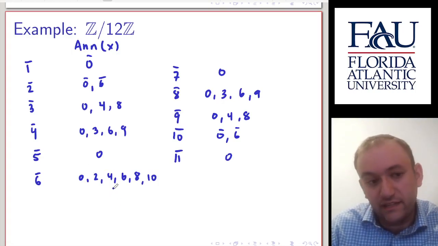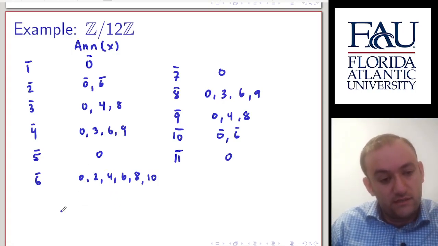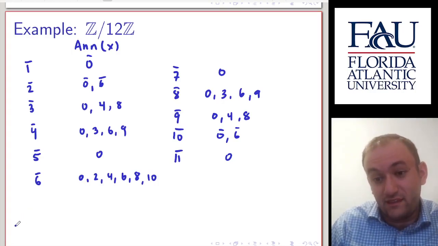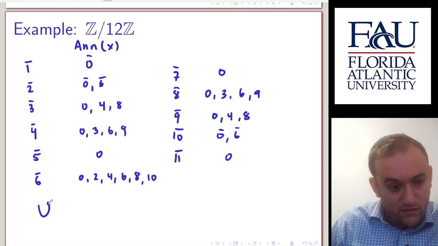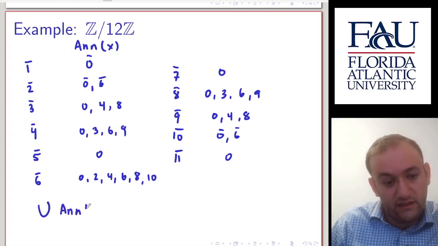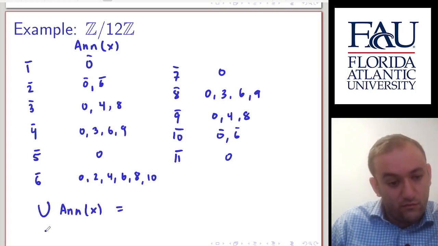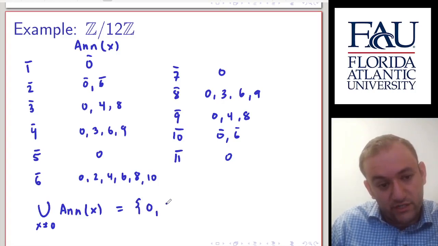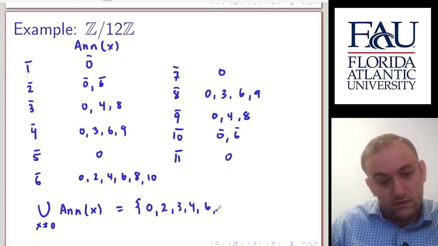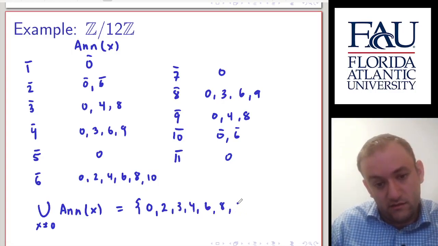Okay, these are the annihilators of all of the elements of Z mod 12Z. If I want to take their union, I get the set of 0 divisors. So the union of the annihilators of X for X not equal to 0 gives me the set of 0 divisors, which is 0, 2, 3, 4, 6, 8, 9, and 10.